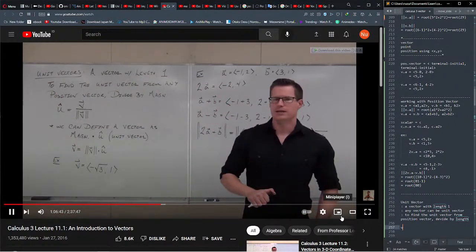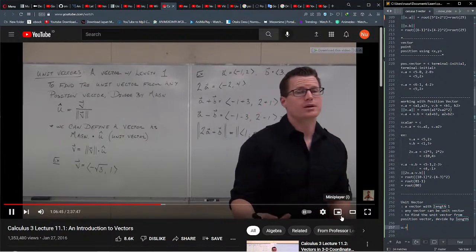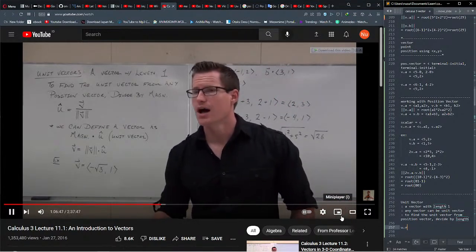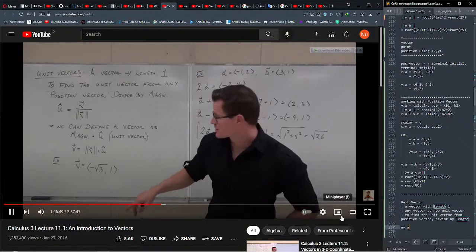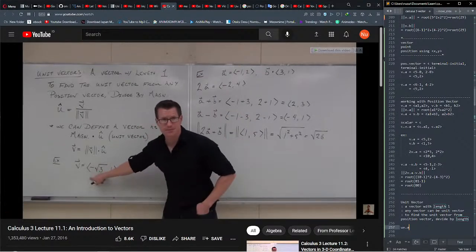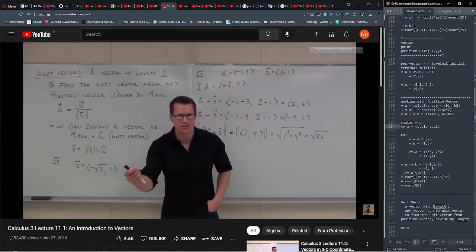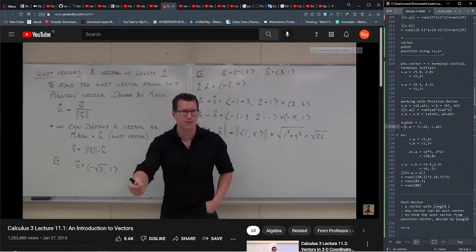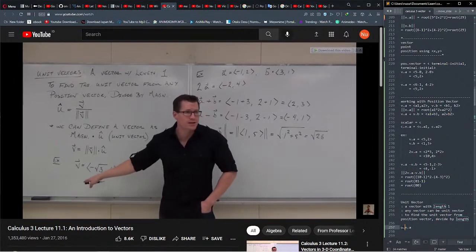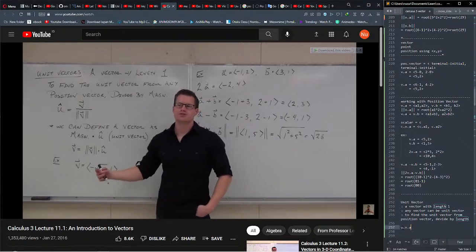So I want to find a unit vector. If I say I want to find a unit vector, I want to find a vector in the same direction as this, but having a length of, how much? Come on, unit vector has a length of? 1. Perfect. I'm basically just looking for the direction of this vector. That's all I want. So let's try that.